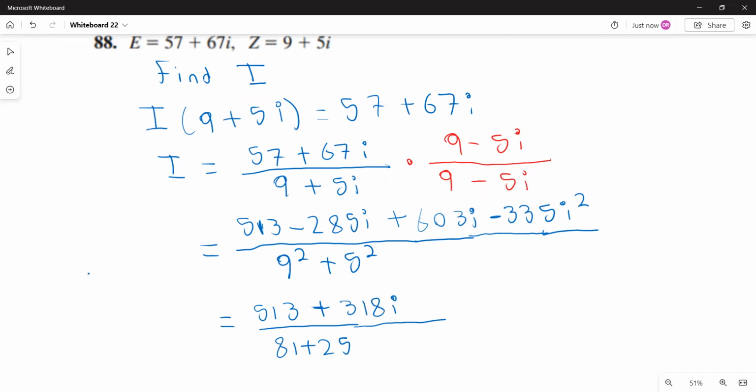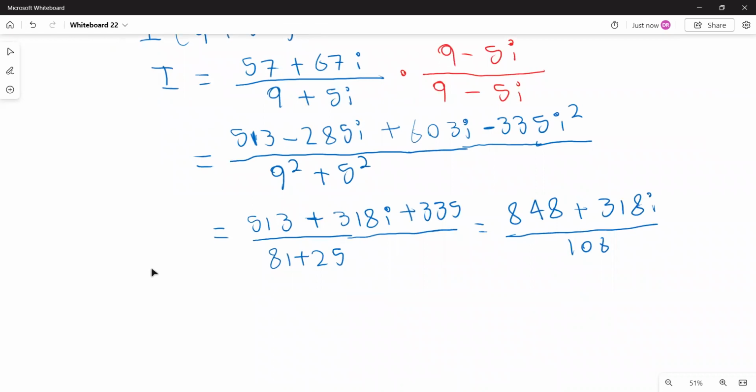And 335i squared, that's going to be plus 335. So 513 plus 335 is 848, over 106.